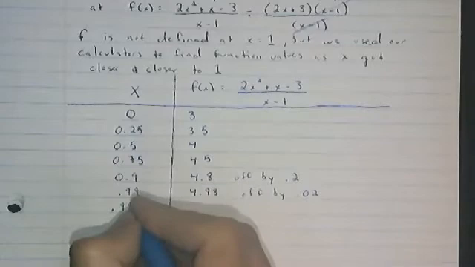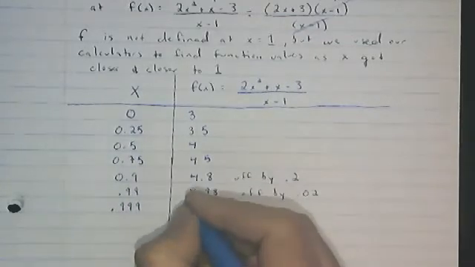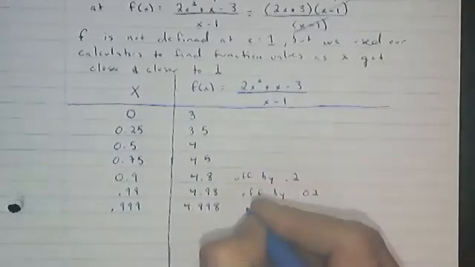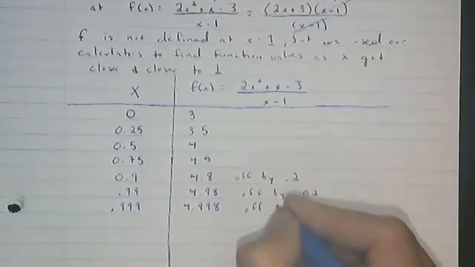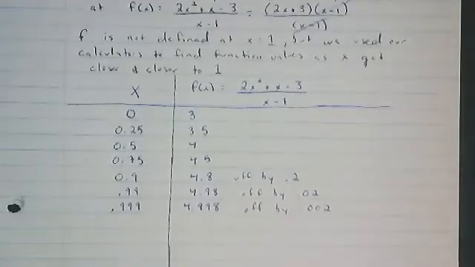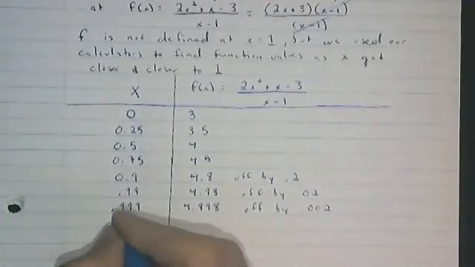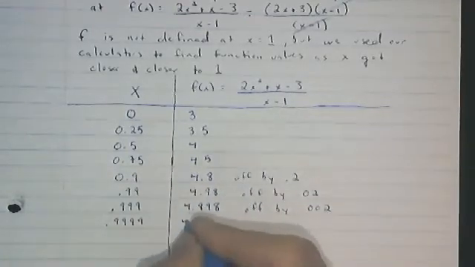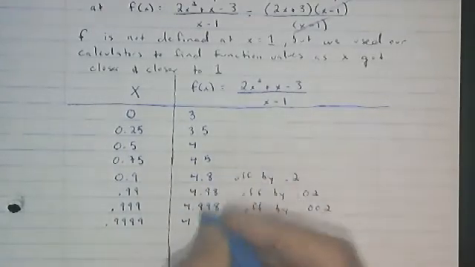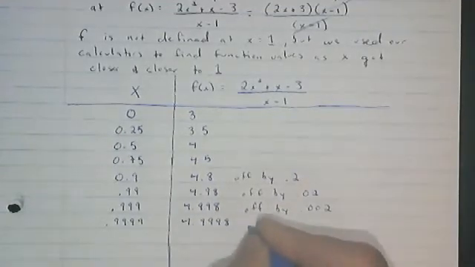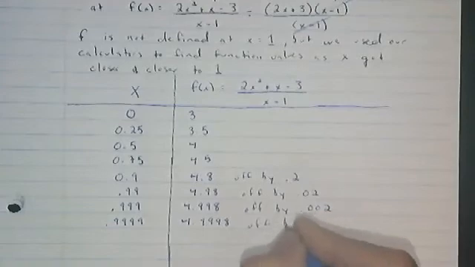At 0.999, we hit 4.998, which was off by 0.002. I think the last one we did was 0.9999, which spat out a function value of 4.9998, which is off by 2/10,000.